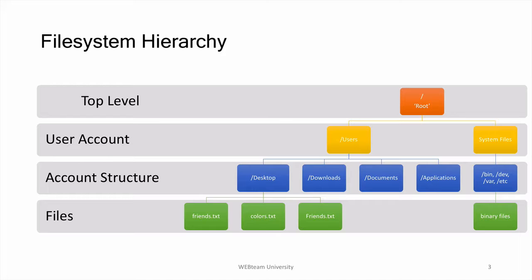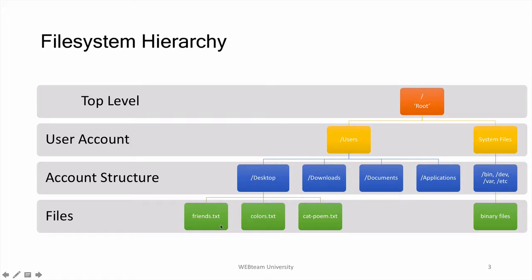If the directory or the folder was located online, then we would call it a repository. As you can see, I have the users directory broken up into different folders: desktop, downloads, documents, applications. Furthermore, the desktop has 3 files on it: friends.txt, colors.txt, and catpoem.txt.